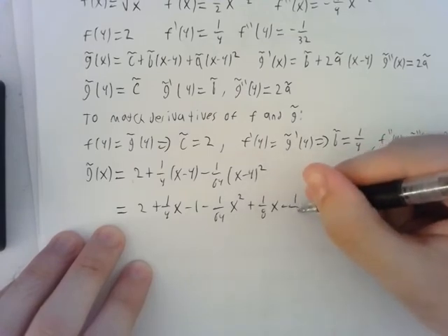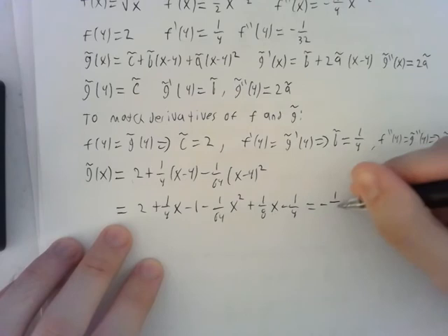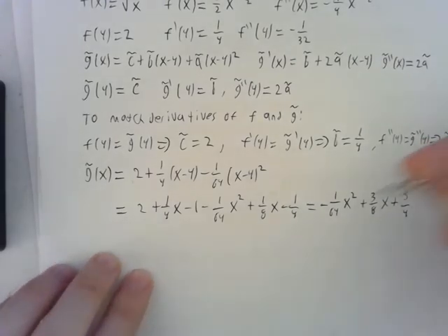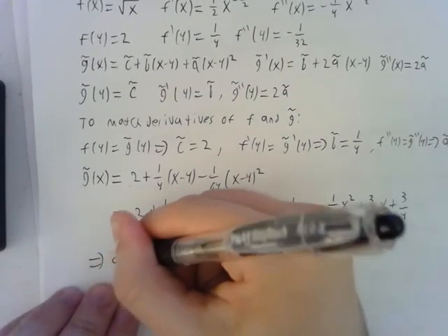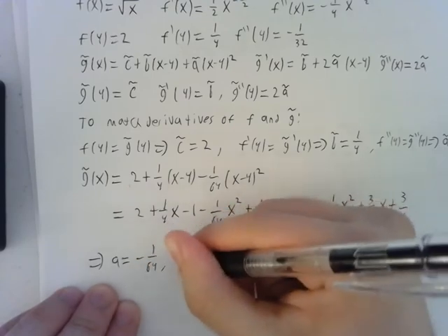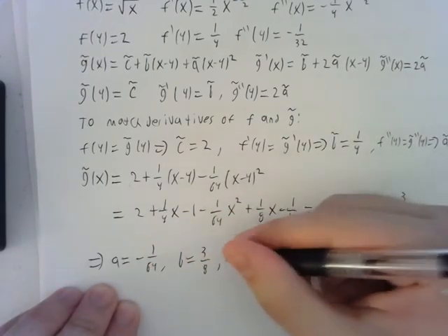If you simplify this, we get negative 1/64 x squared plus 3/8 x plus 3/4. So this implies a is equal to negative 1/64, b is equal to 3/8, and c is equal to 3/4.